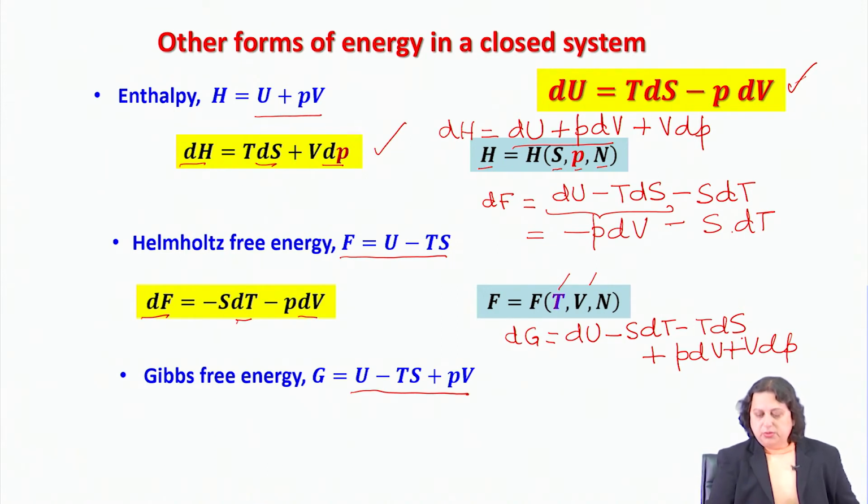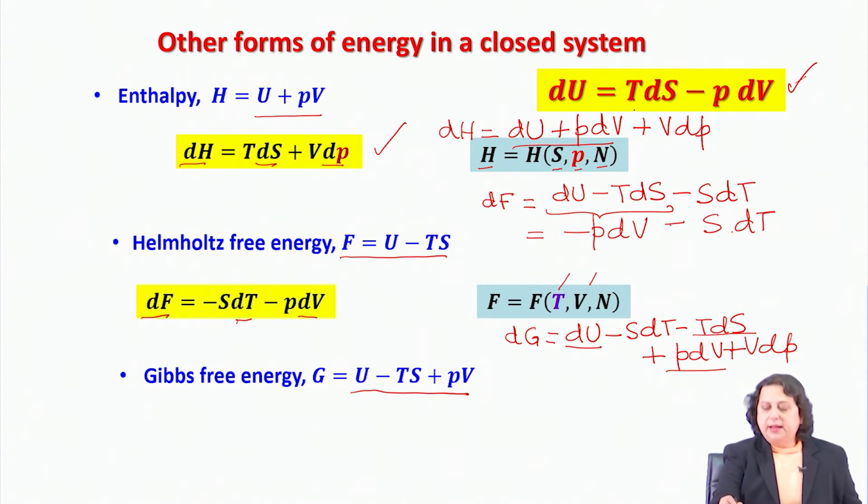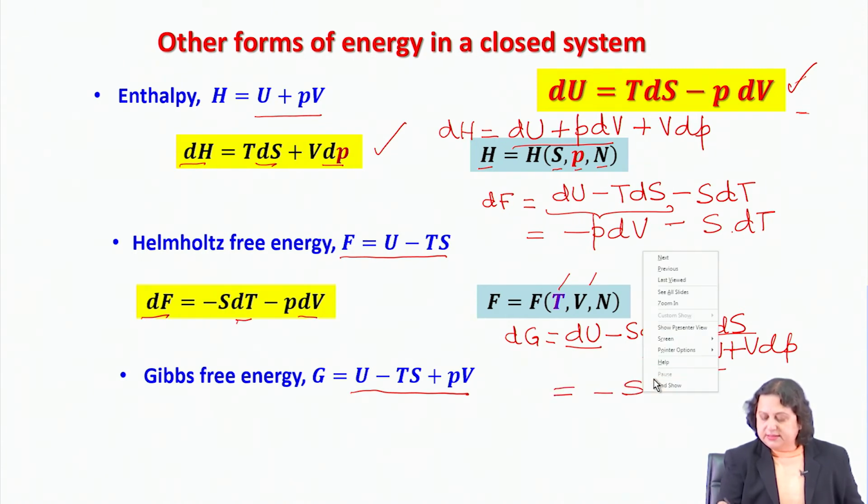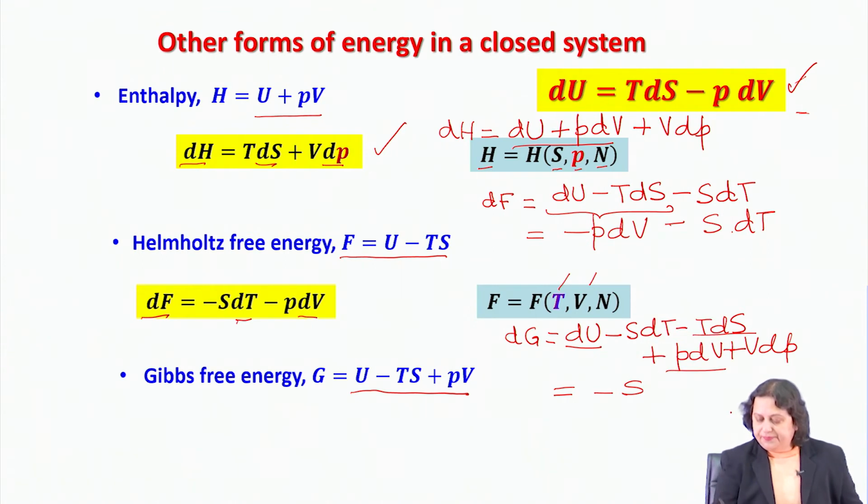Now I am going to collect these terms. dU minus TdS plus PdV, as you see from this expression, must be equal to 0, and therefore I would write that this is equal to minus SdT plus VdP.